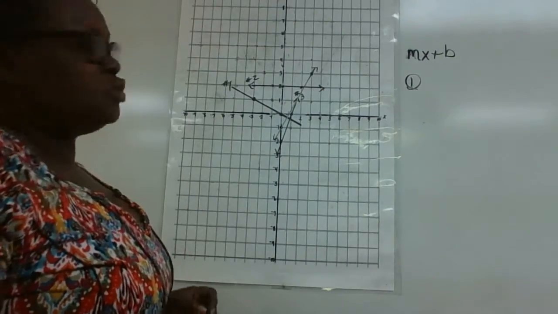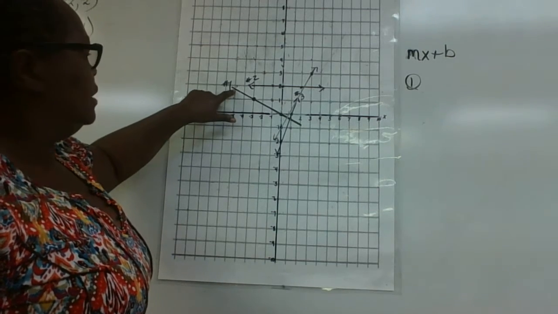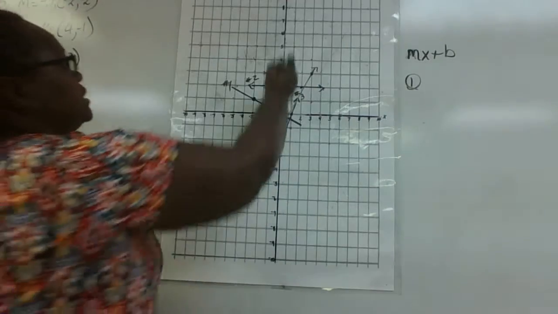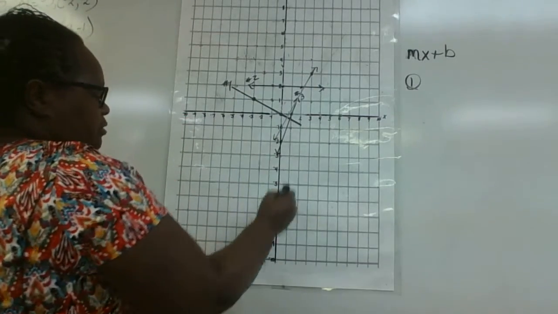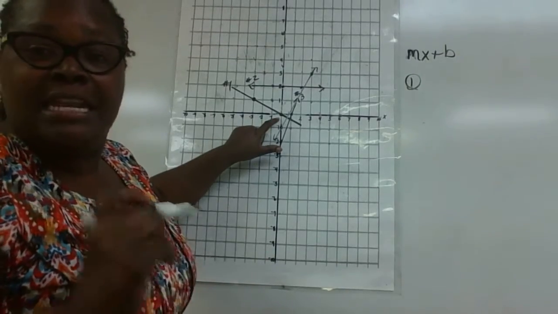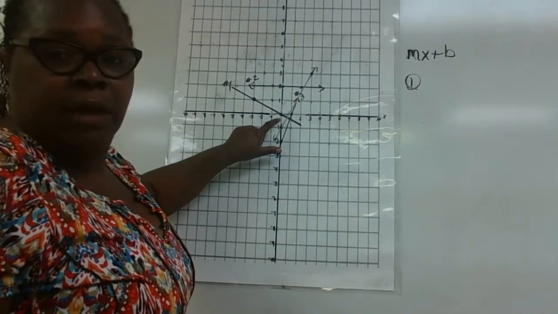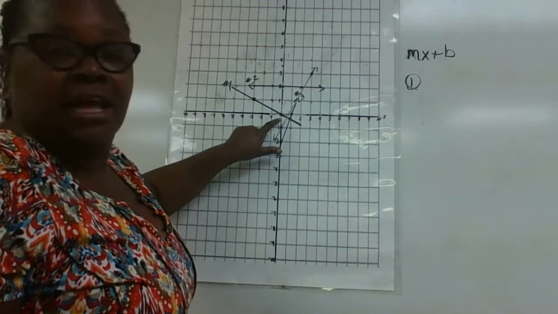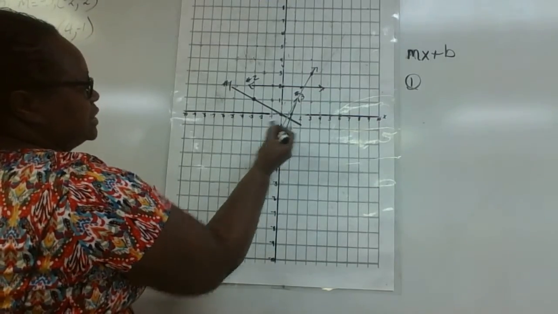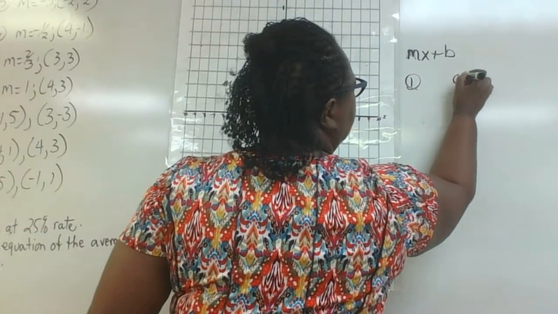So let's try it. Here's our number 1. We follow our line till it comes in contact with y. This is y. All the way down here is y. When this line comes in contact with y, we find out what number it came in contact with y. And we discover in this case the number is 0 because where the y and x cross is 0. So our b is 0.